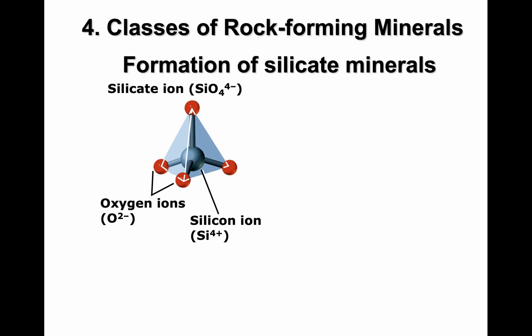The silica is 4 times positive charge. If we make a charge balance here, then we need 4 gaps from our oxygen to host the silica, and there are still 4 gaps from the oxygen left, and these 4 gaps we need for the connection with other tetrahedrons, yeah?